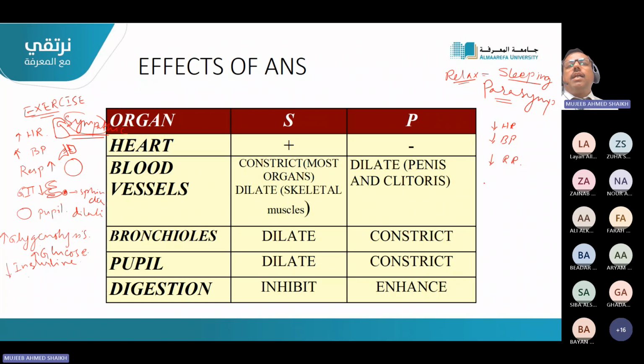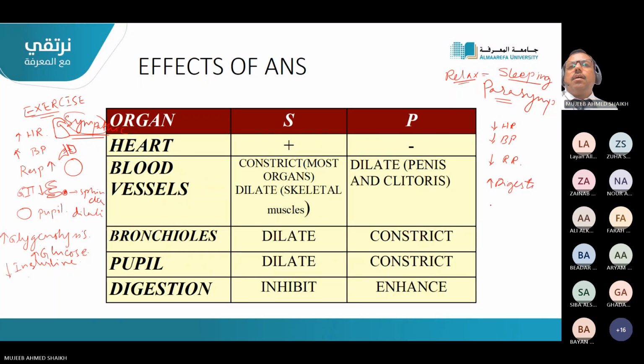What about GIT? Is your digestion more during resting or during exercise? Resting. Digestion will be more during rest, because parasympathetic means rest and digest, increased digestion.